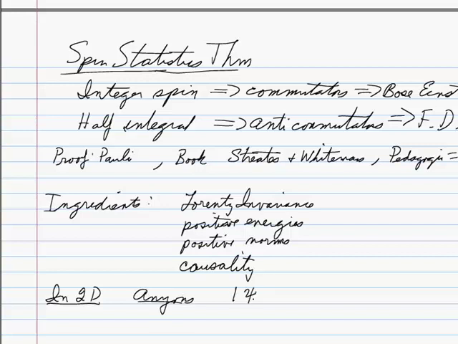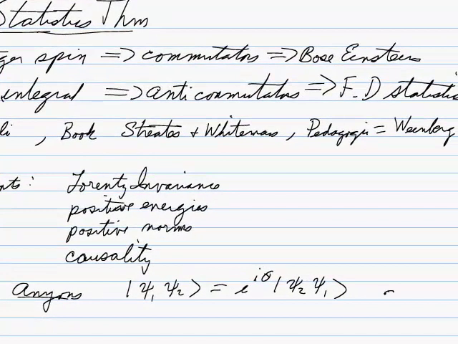So if you have psi 1 psi 2, that can equal e to the i theta, psi 2 psi 1, for any theta. You can have any statistics at all. And these are not just a curiosity, they actually play a role in the description of the fractional quantum Hall effect.